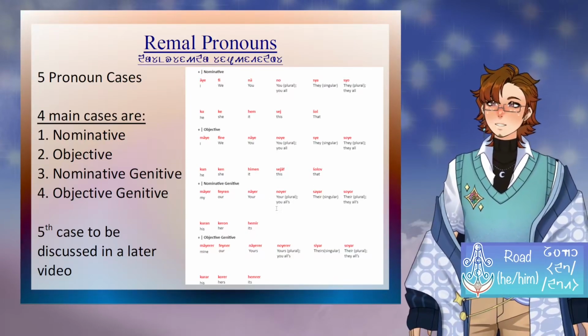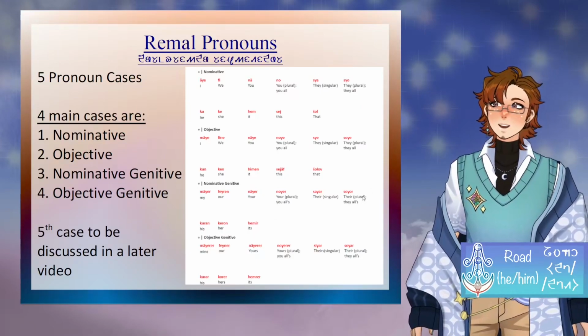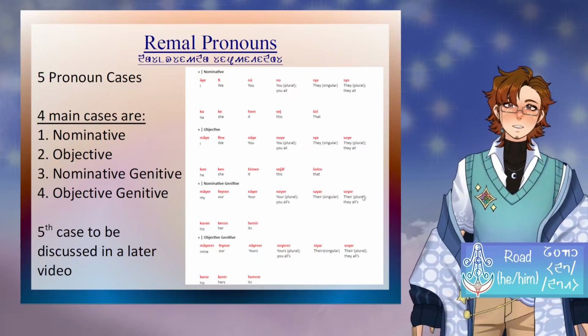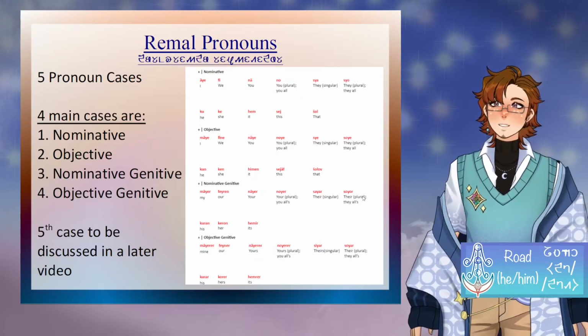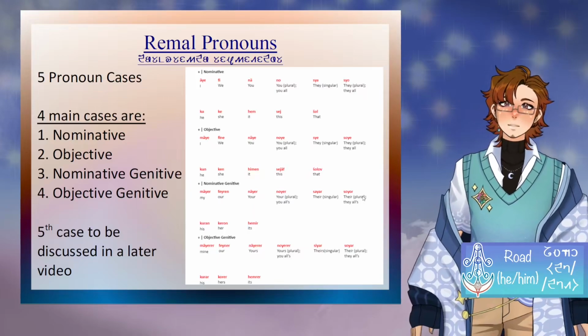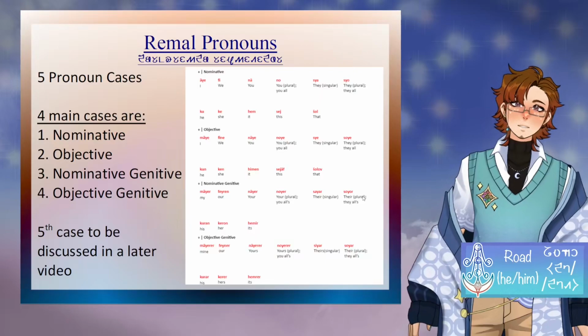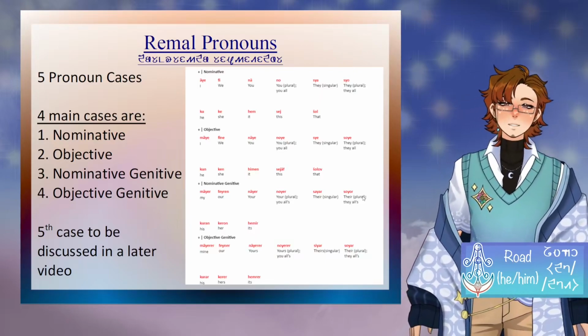Now, the nominative case is the case where the pronoun is the main subject of the sentence. Think like your typical I, you, he, she, and they. Similar to English, rather than separate accusative and dative cases, Reim uses the objective case to represent both the direct and indirect object of a sentence.